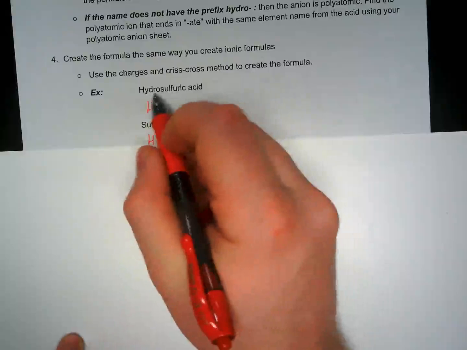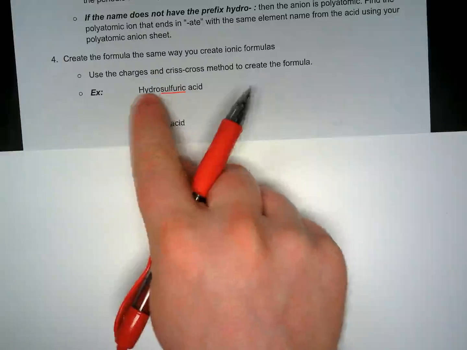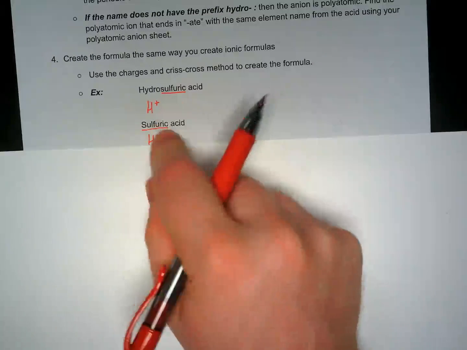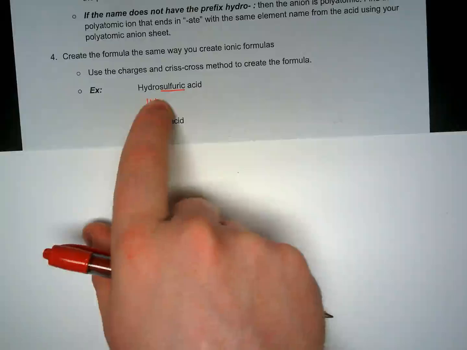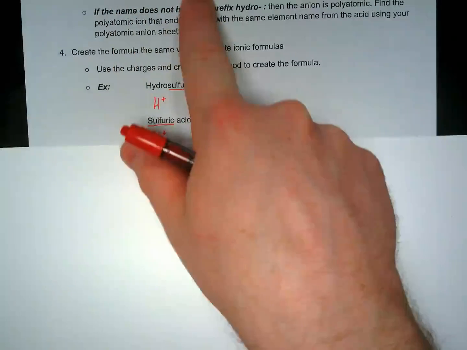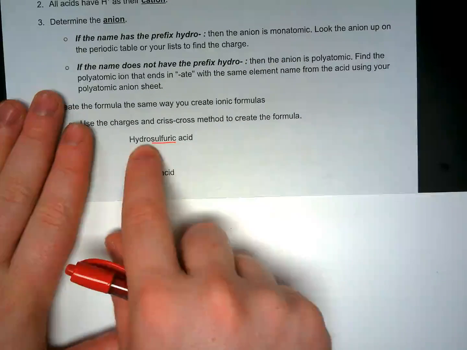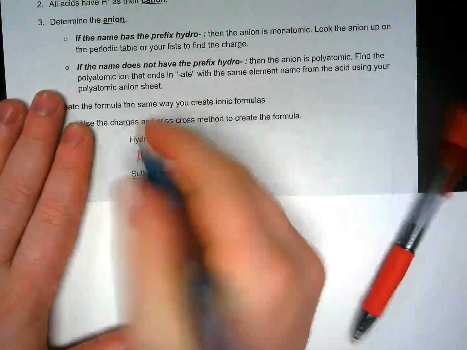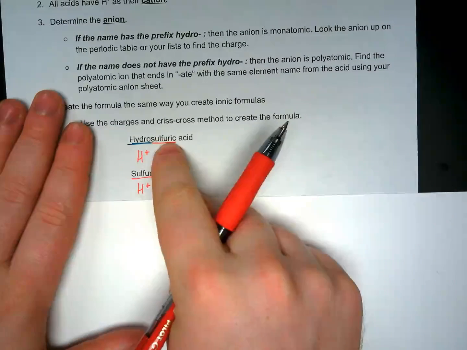So my anions: I've got hydrosulfuric and sulfuric. Let's focus on just this one up here, hydrosulfuric. If the name has the prefix hydro, then the anion is monatomic. Perfect. So here, since it has the prefix hydro, that means it's just sulfur.